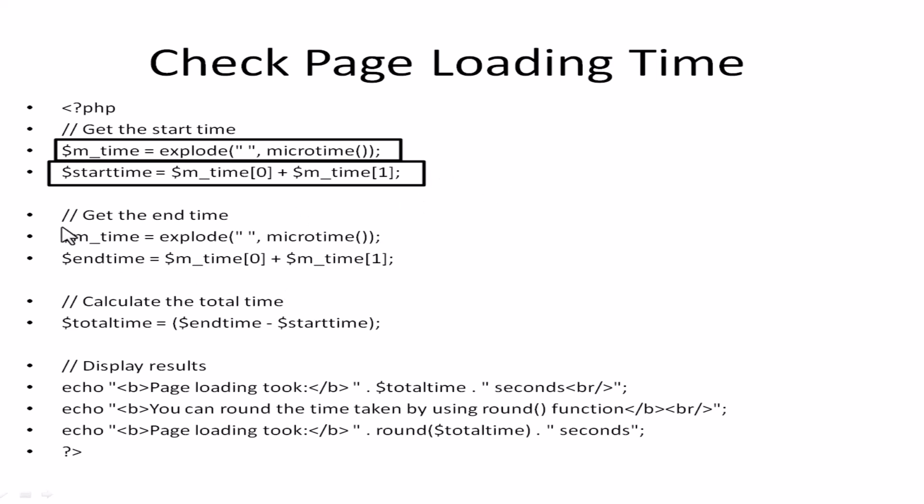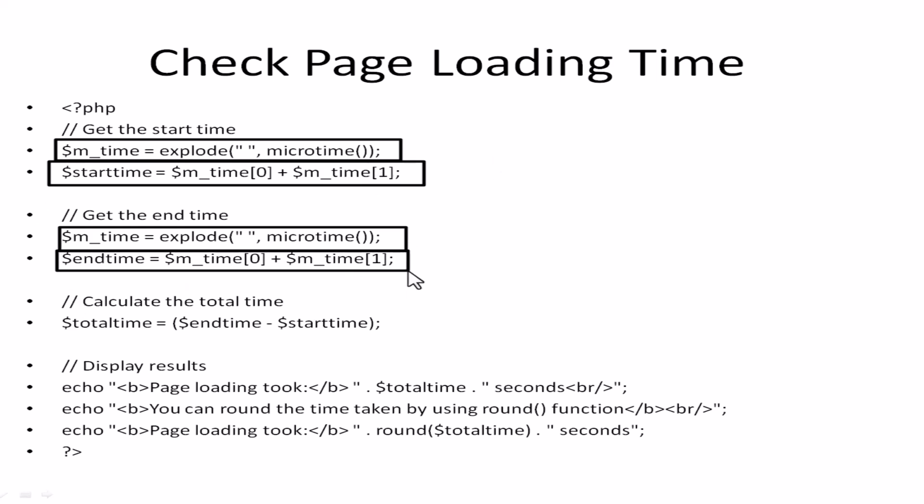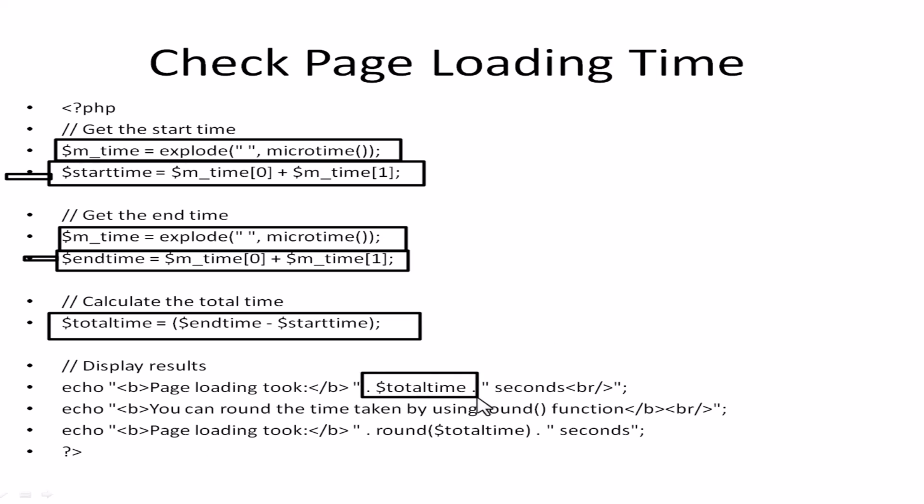Similarly, here m time explode, which is microtime, is the same as previously. The end time you have set, where the array is 0 and m time is 1, so here also it is the same ending time. Next, the total time taken is the ending time minus the starting time, which is set for the cookie, so that we are going to create. Finally, the total time will be displayed.